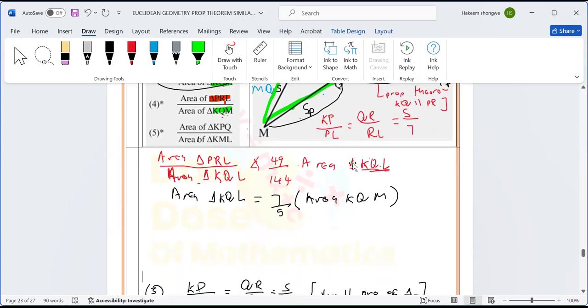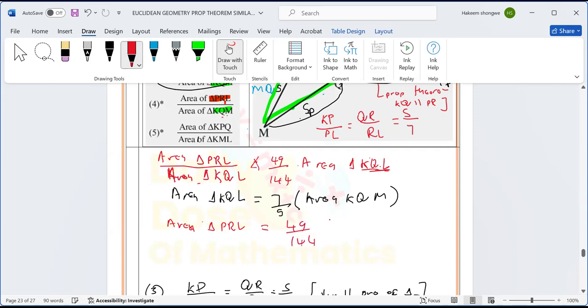Okay, then we can go and substitute. This is KQL, I'm sure. So instead of KQL here, we can put what we have. Let me write it the way I wrote it. The area of triangle PRL is going to equal 49 over 144 multiplied by this whole thing, 7 over 5, the area of KQL.